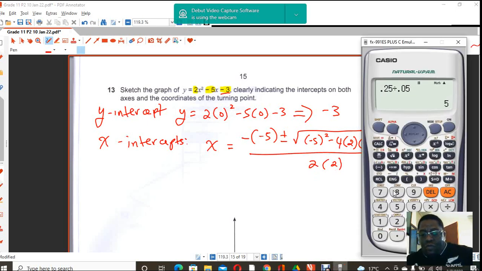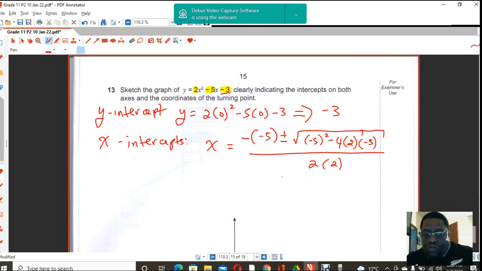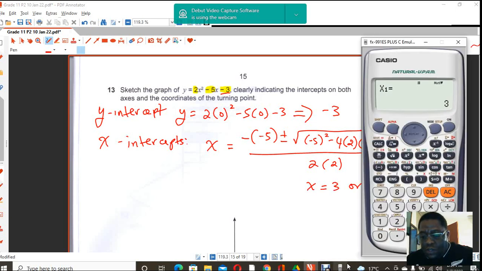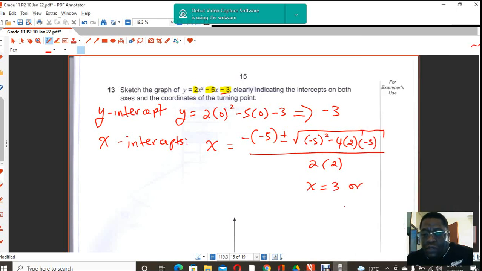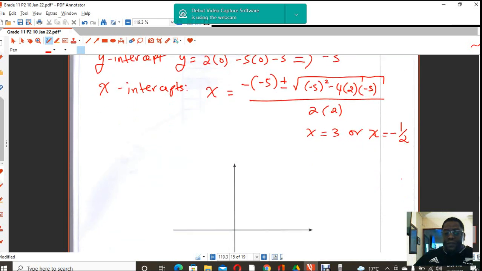I'm not going to despair. I'm going to go to the equation and say a is 2, b is negative 5, c is negative 3. So one answer is x equals 3. The other answer is x equals negative a half. So I have my intercepts.